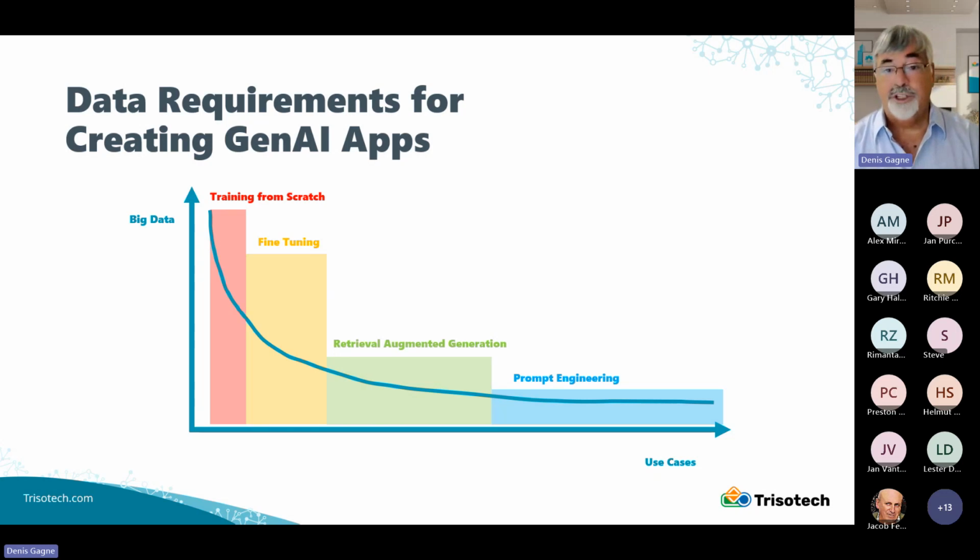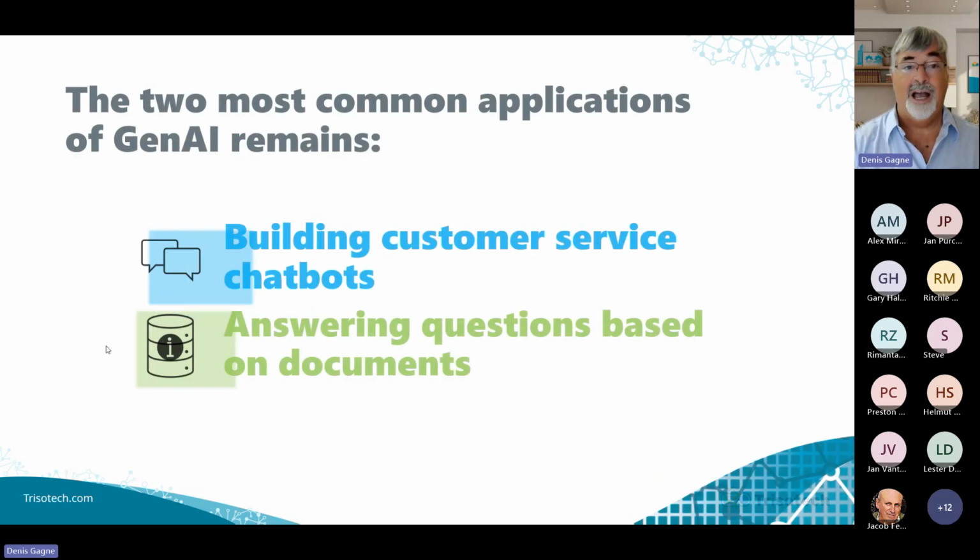So Retrieval Augmented Generation is basically providing documentation, some knowledge, and then prompt engineering at the end is basically trying to manipulate the prompt to get your app to generate what you want. Now, this gives you a sense of your data requirements and the type of use case that you have.